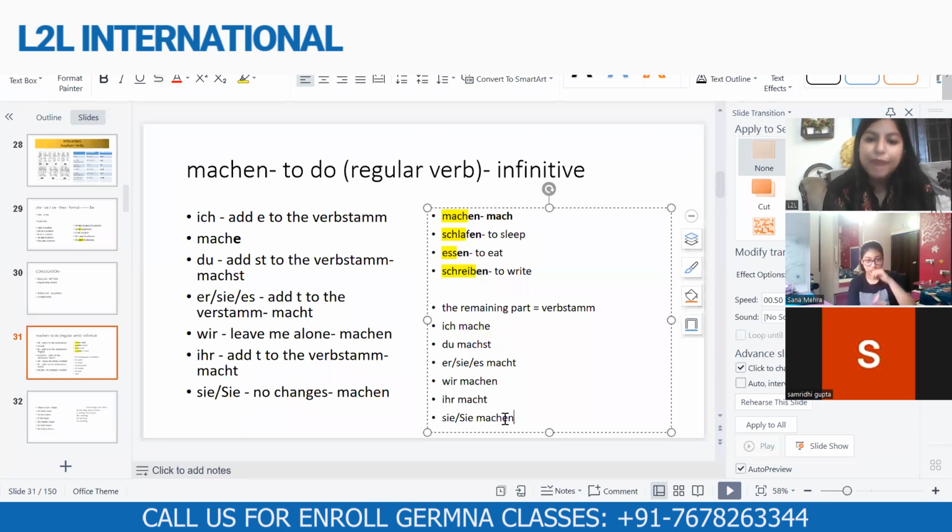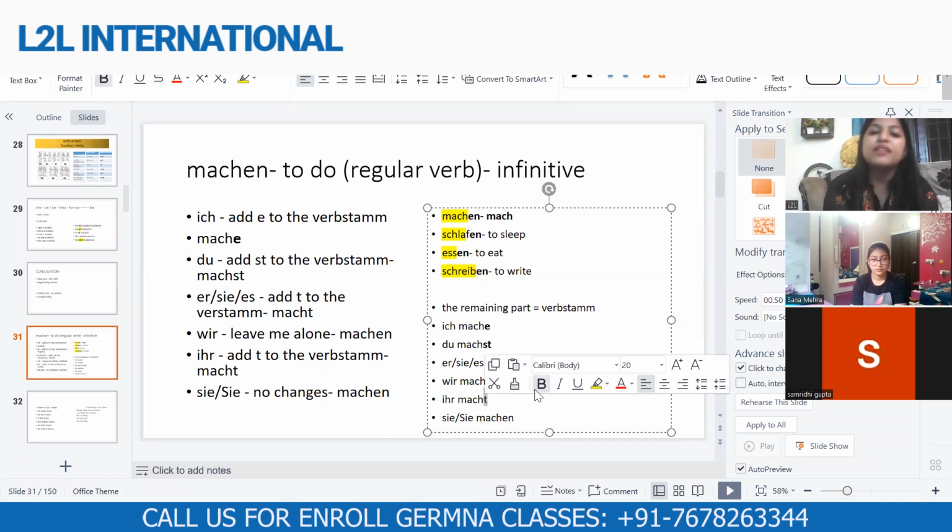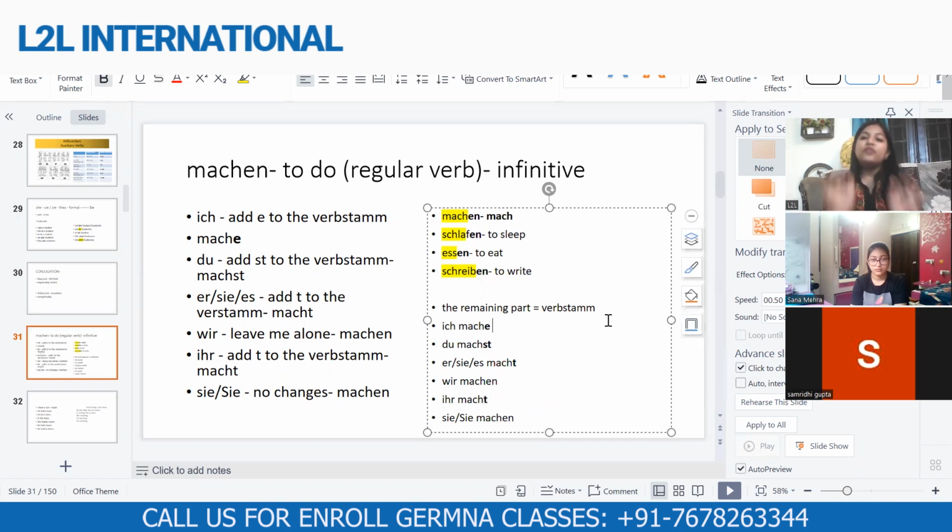So this is the pattern: e, st, t, no change, t, and no change. This is the pattern that makes the verb regular.